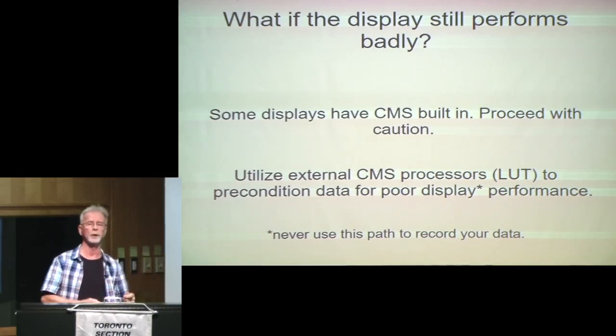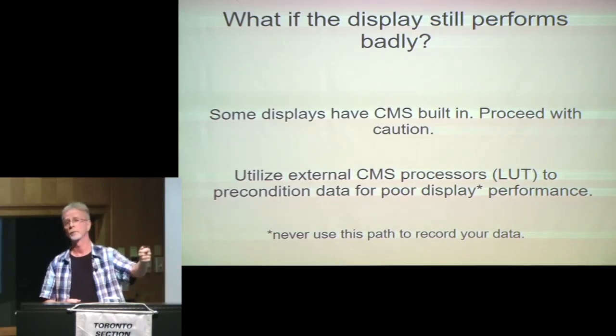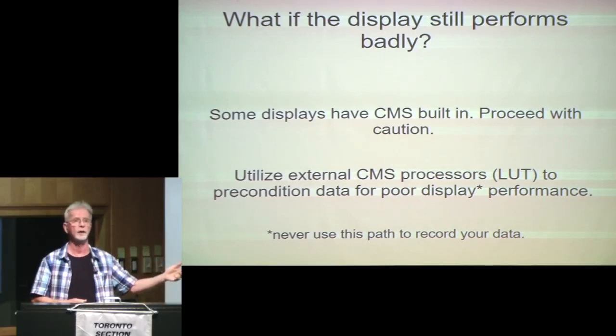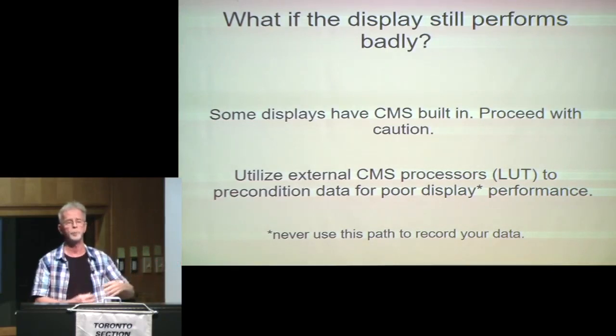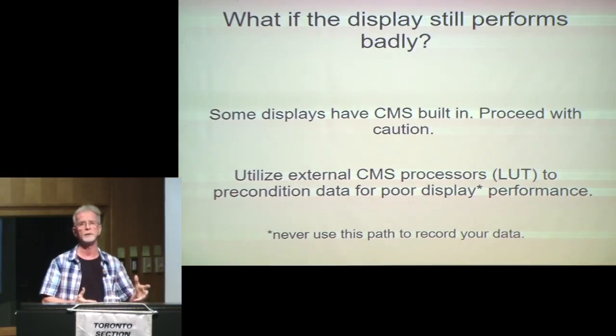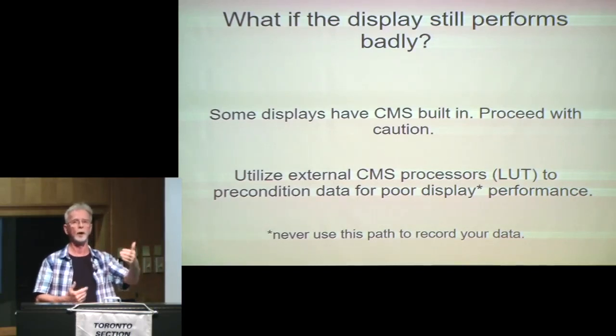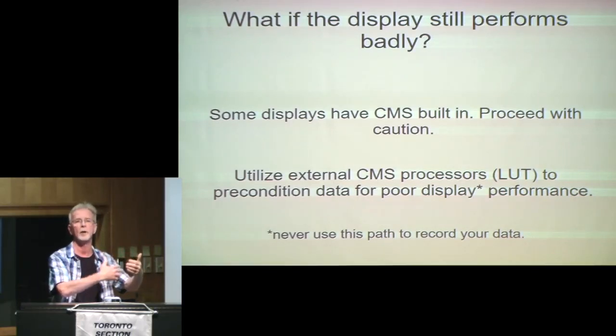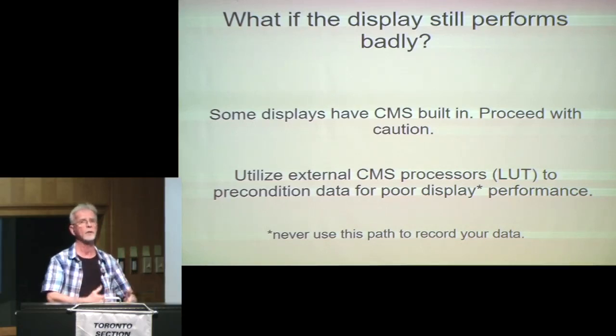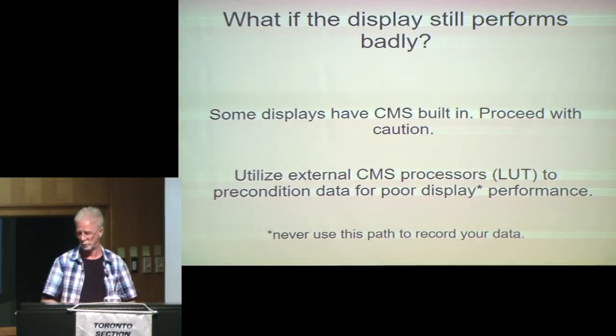Never use that pipeline to record your data to send it someplace else, because you're messing up your data in order to make your display look right. You don't want to mess up that data and give it to somebody else, because it's not truly what your data is. You put it through a transforming device so that your display looks right. So now your display is showing you what your data is, but the data had to be altered to force the display to look right. So never use that output as a data output.